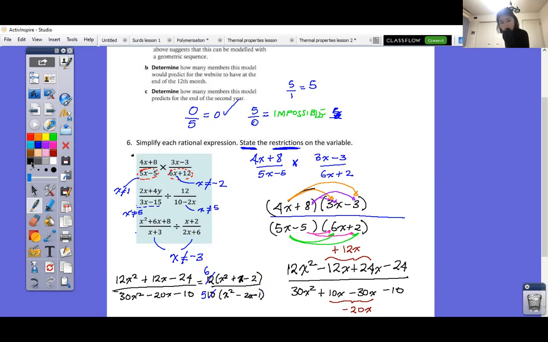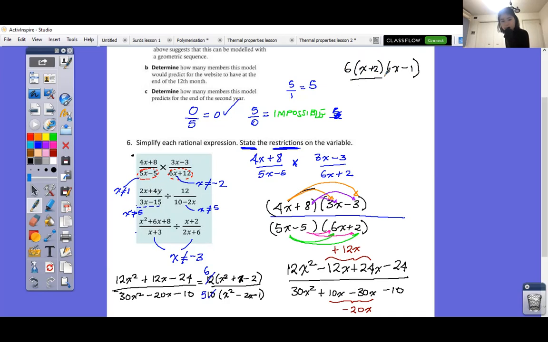But we can go a step further here if we wish to, because this here, x squared plus x minus 2, can also be simplified. If you've got a 6 on the outside, what would that be? So x minus 2, so that would be x plus 2, x minus 1, this here.